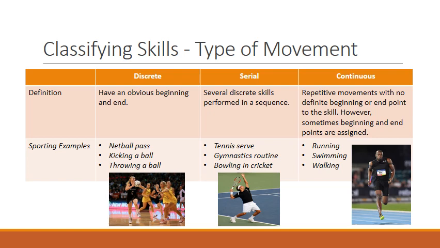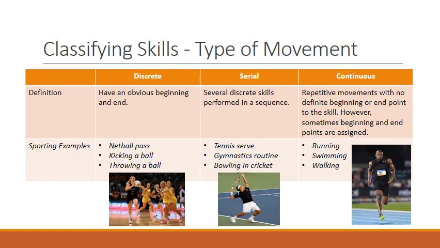So you've got 5 or 6 discrete skills all performed in a particular sequence. So we call it a serial motor skill. So discrete, clear beginning and an end. Serial, a number of discrete skills linked together in a particular sequence.